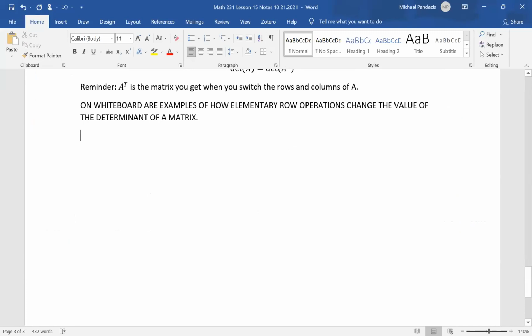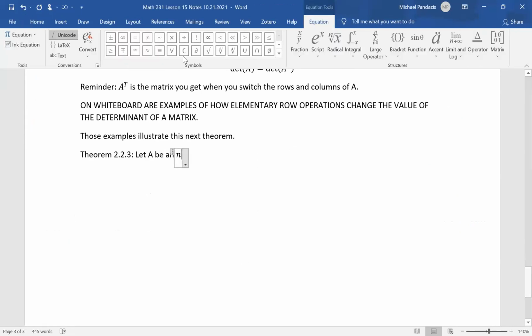Okay, so those examples illustrate this next theorem. So this is Theorem 2.2.3. Let capital A be an n by n matrix.